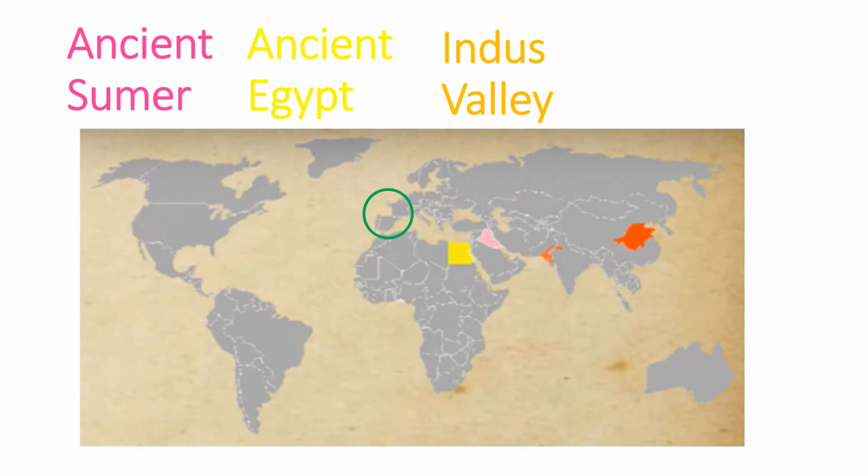And they were important to us today as they came up with a system for numbers and maths. And finally, the last civilization on there was the Shang Dynasty. And they developed ways of using bronze for weapons and art.